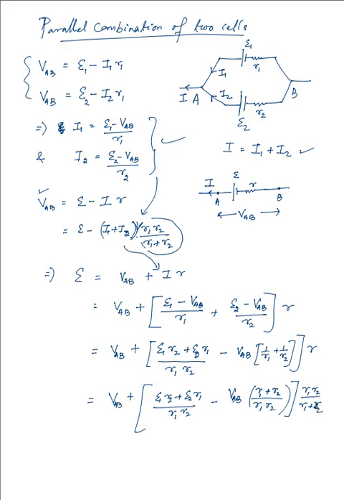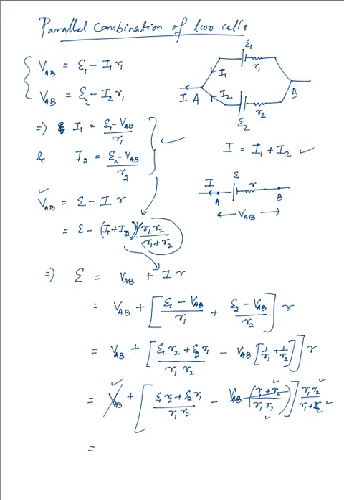Now when we multiply this term with the second term only, what we are left with, as you can see, is only minus VAB, because R1 plus R2 gets cancelled with the top R1 plus R2, and R1 times R2 gets cancelled with this one. So both of them cancel out and you are left with only minus VAB, and there's a plus VAB over there. So these two terms are going to cancel out.